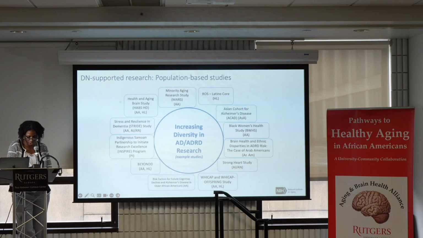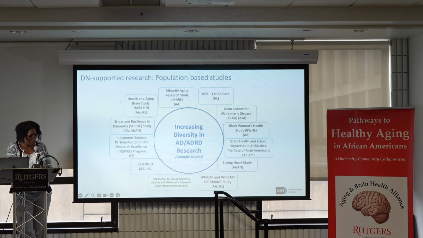So this slide shows a few of the longitudinal population-based studies and cohorts, which are among the key approaches that we use for advancing understanding on the complex etiology of AD, and it provides fundamental insights into environmental, social, cultural, behavioral, and biological risk factors responsible for this disease.